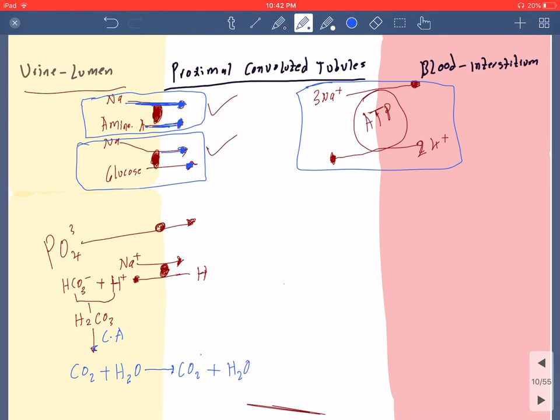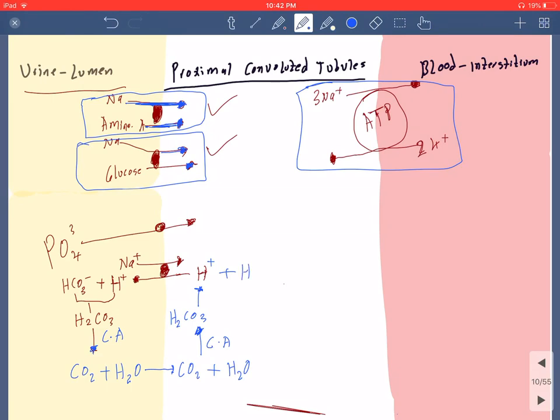Now, with the help of carbonic anhydrase again, and I'm spelling that as just CA, we are going to be able to generate H2CO3 one more time.